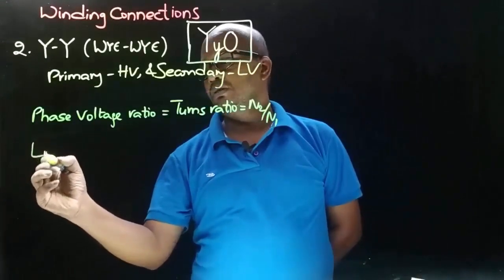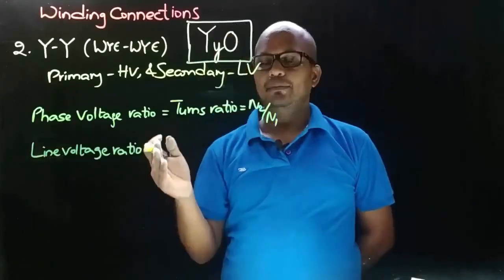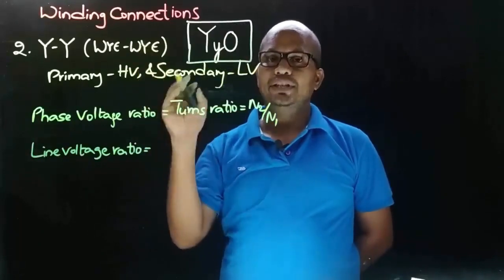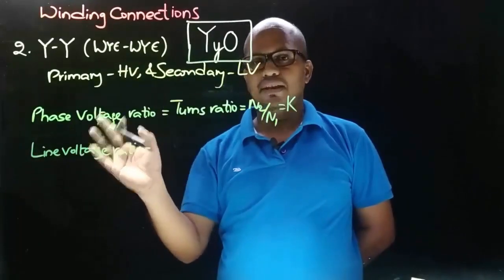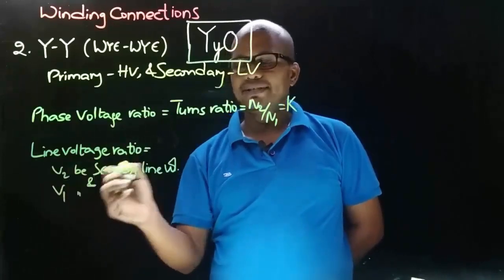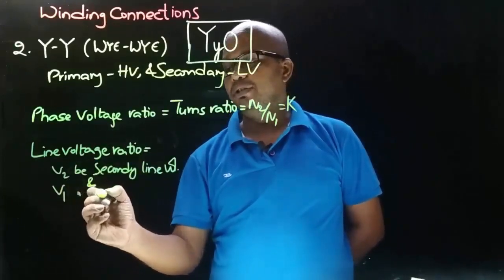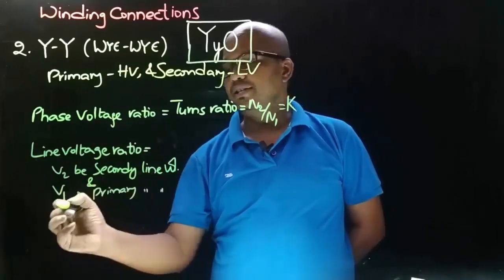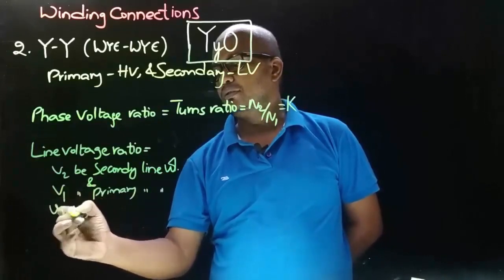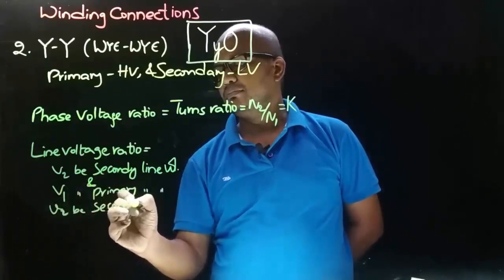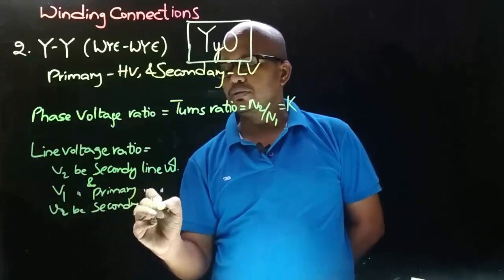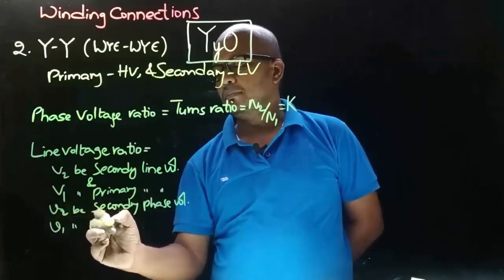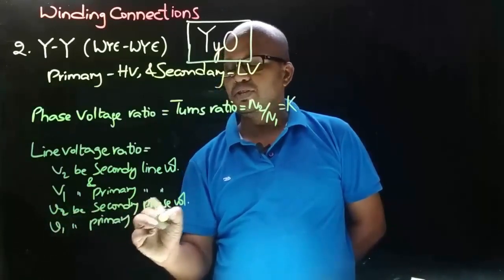And coming to line voltage ratio, it can be taken as equal to turns ratio or not, that depends on the type of connection employed in the three-phase transformer. Now let's find out the line voltage ratio. Let capital V2 be the secondary line voltage and capital V1 be the primary side line voltage, and small v2 be the secondary side phase voltage, and small v1 be the primary side phase voltage.